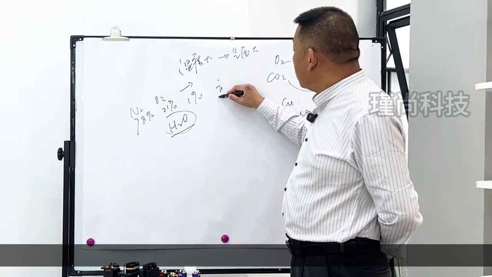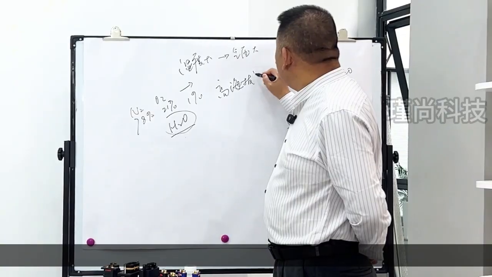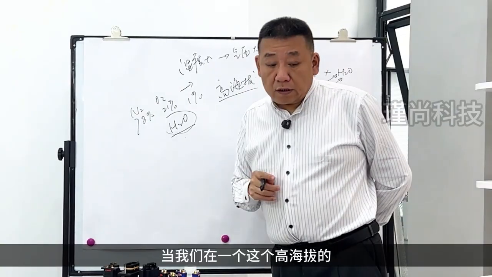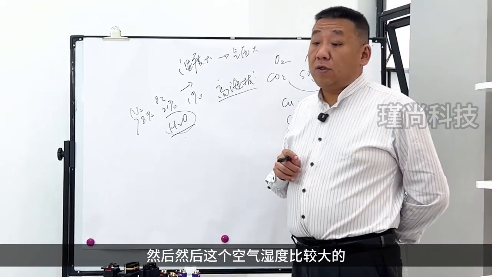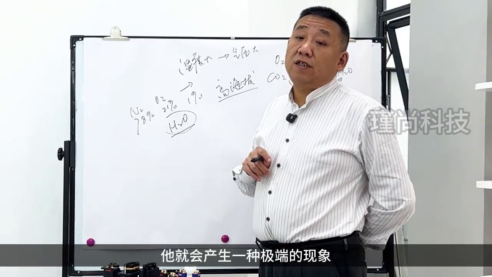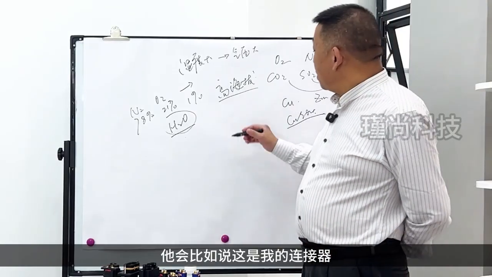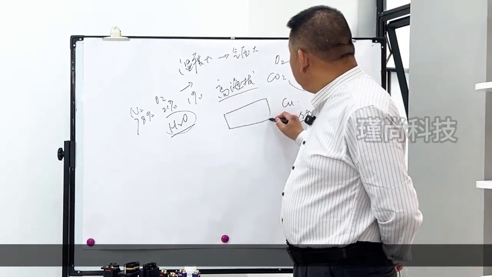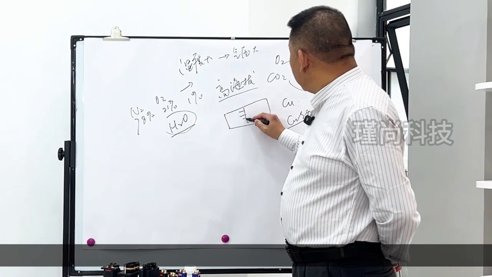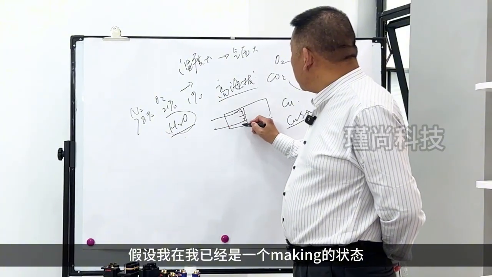But there is also another way. Let's say we're in an alpine environment, high altitude. When we are at this high altitude, the air humidity is relatively high. In this case, it will produce an extreme phenomenon in my product in the application process. Suppose this is my connector, already mated, in a sealed state.